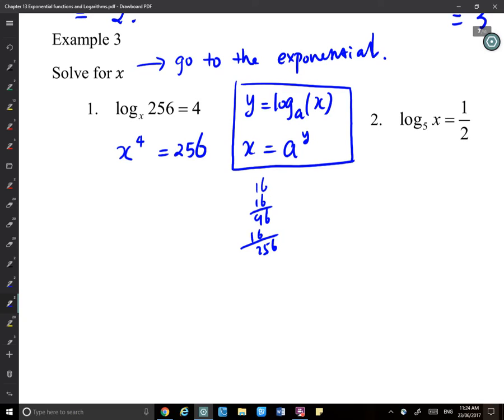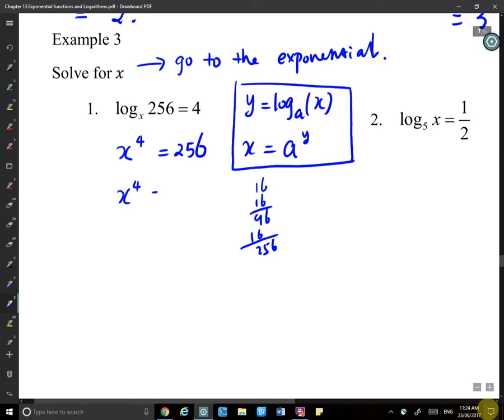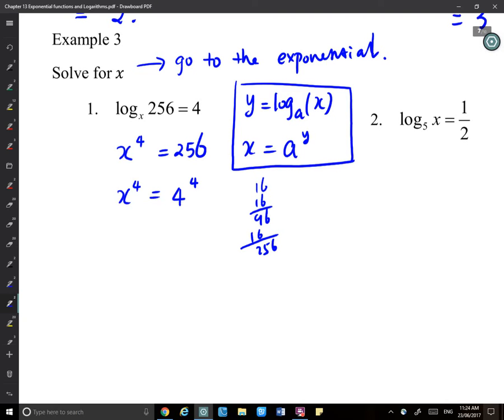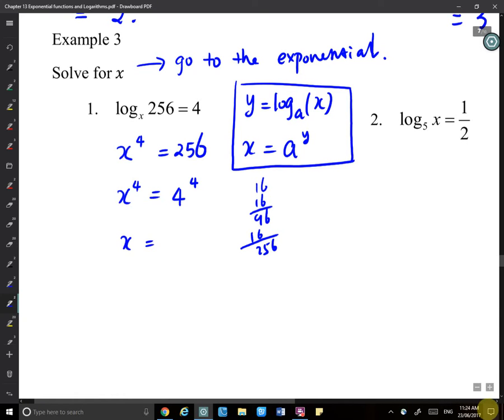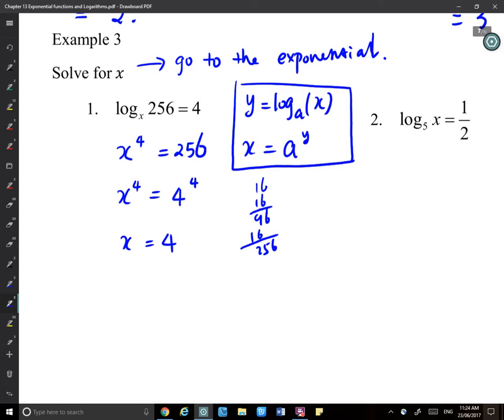Just remember those values. So x to the power 4 equals 4 to the power 4. This time we're trying to make the same power, and the base must be equivalent. So x equals 4.